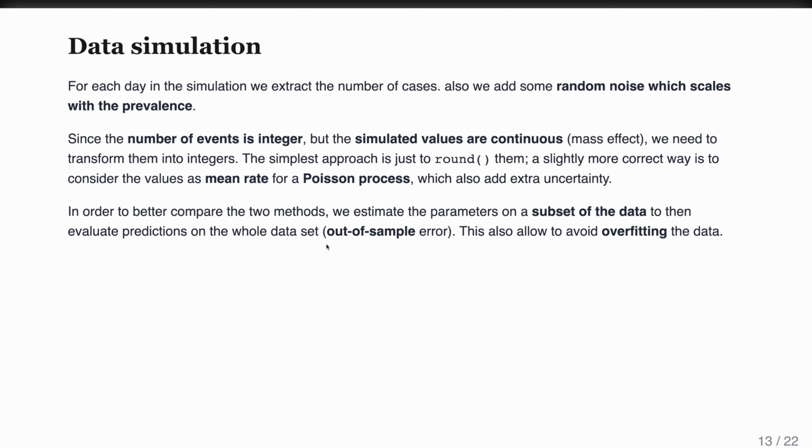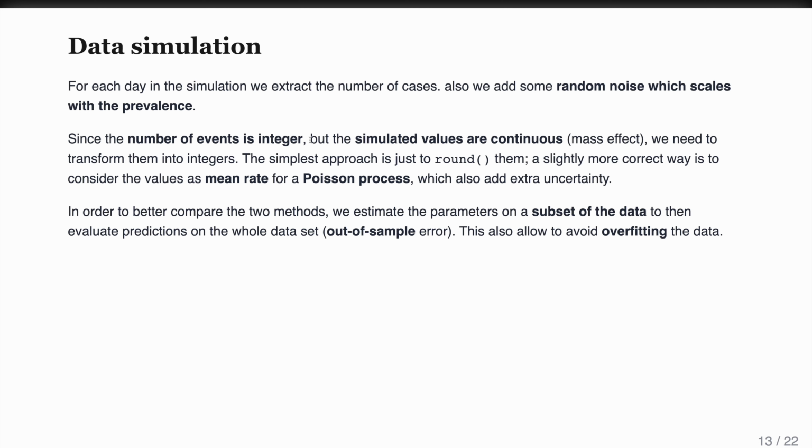It means that you can have a fraction of person that is infected or is susceptible, which of course doesn't happen in real life. This is the so-called mass effect assumption. So we need to transform this number into integers in order to transform them into a real number of events.